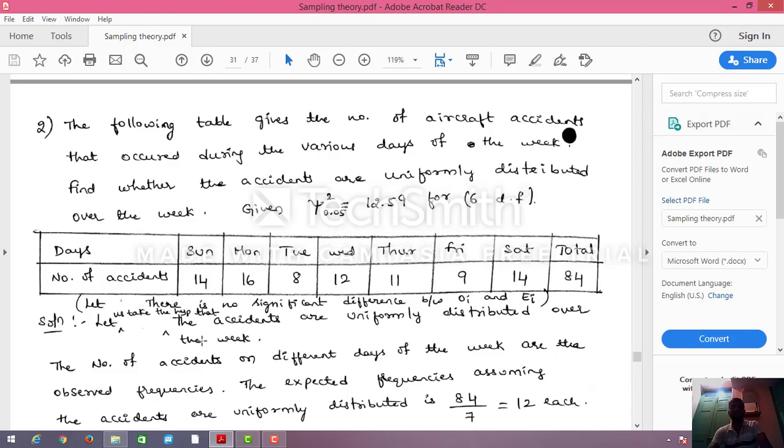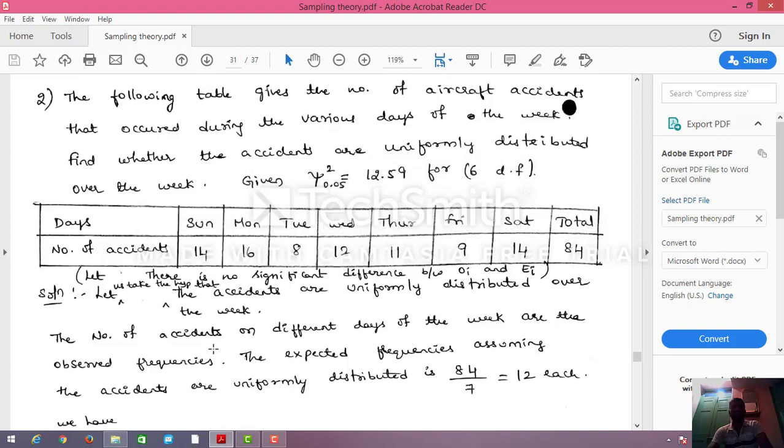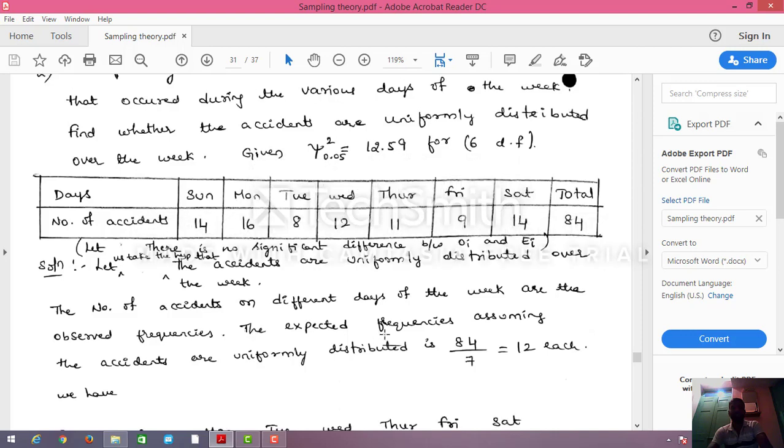The given numbers of accidents on different days are the observed frequencies. The expected frequencies, assuming uniform distribution, are 84 divided by 7, the number of days, which equals 12 each.